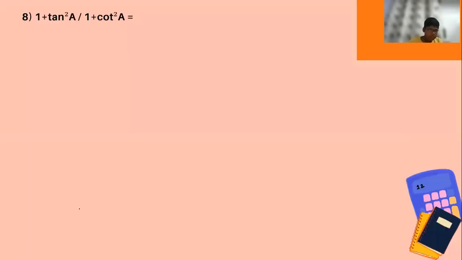Yes, ma'am. Write down this. You have to find the value of 1 plus tan square A by 1 plus cot square A. So what we'll do, I'll just express this tan in terms of cot. So I'll have 1 plus tan as 1 by cot, so 1 plus 1 by cot square A, over 1 plus cot square A. Take the LCM.